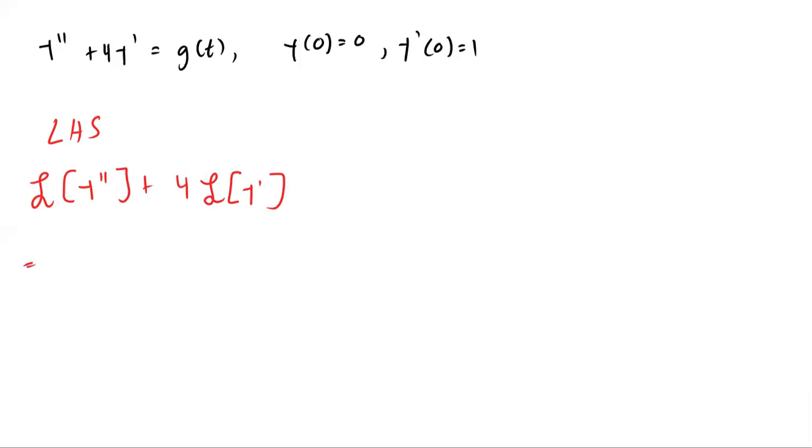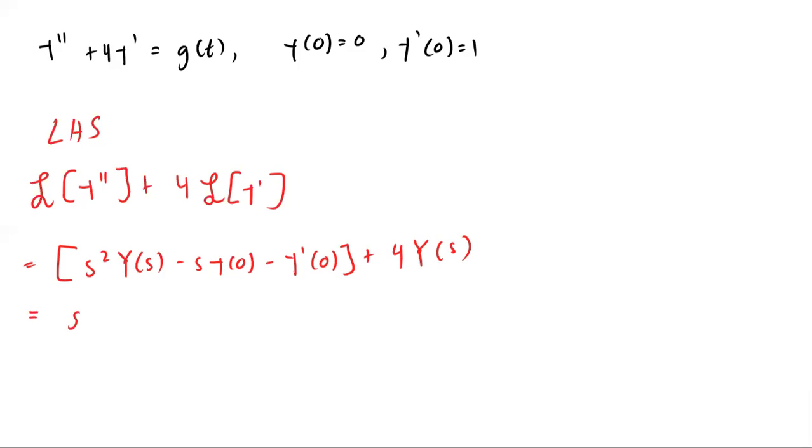And this is equal to, so the first part is s squared times the Laplace transform of y, minus s y of 0, minus y prime of 0, plus 4 times the Laplace transform of y, which is big Y of s. Now, all of these initial conditions are 0, right? So this just simplifies to, and I'm also going to factor out the Y of s immediately, s squared plus 4 times big Y of s. Okay, so that's the left-hand side.